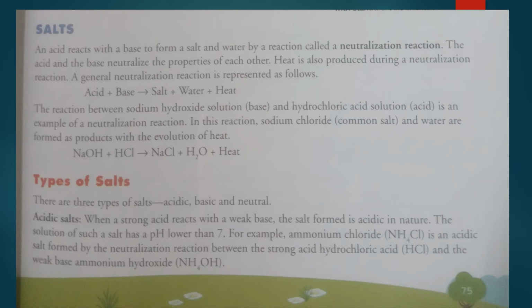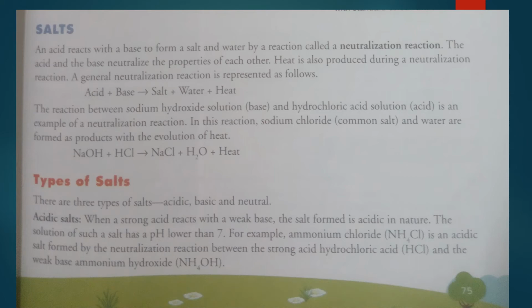When an acid reacts with a base to form salt and water, we know that is called a neutralization reaction. The acid and base neutralize the properties of each other. Heat is also produced during a neutralization reaction, and the general neutralization reaction is represented as follows. Acid reacts with base to form salt and water, along with some heat.